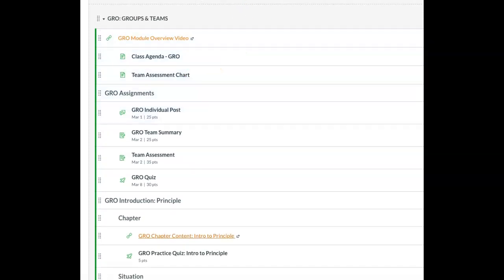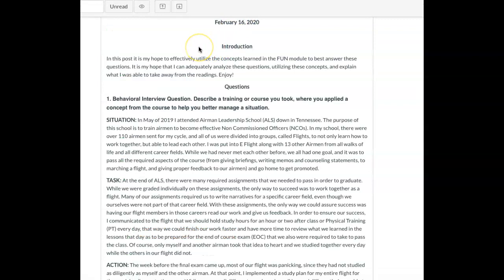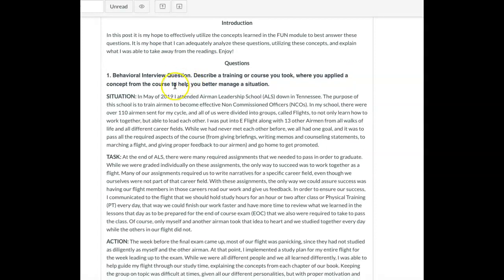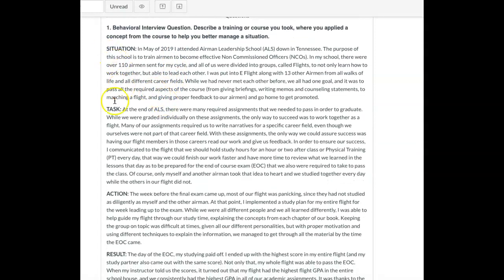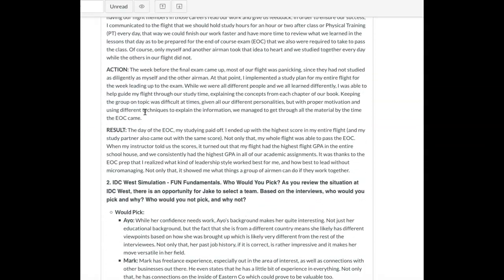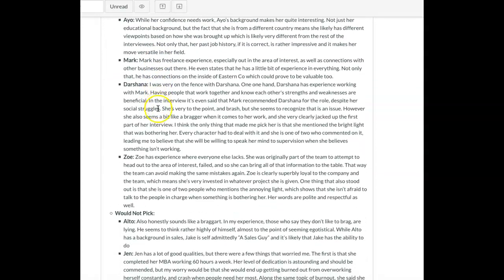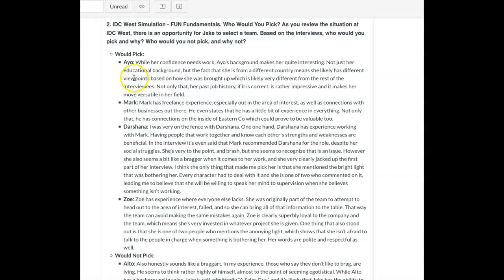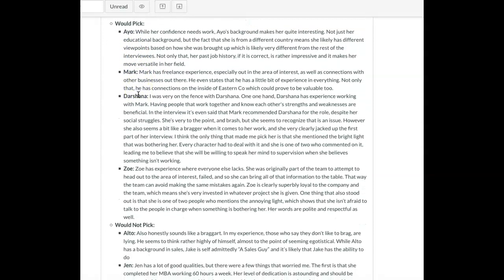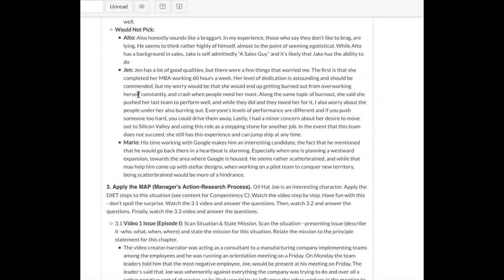Now, for best practices, I'd like to give a shout out to Catherine and Team RF3. Nice job, Catherine. You can see right here she has an introduction. Here's her behavioral interview question, and she used the STAR process. It's very clear, easy to follow. IDC West simulation. She's listed people she would pick and provides a rationale, and those she would not, same thing.